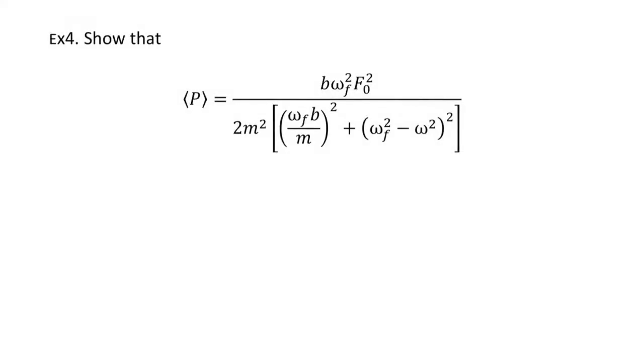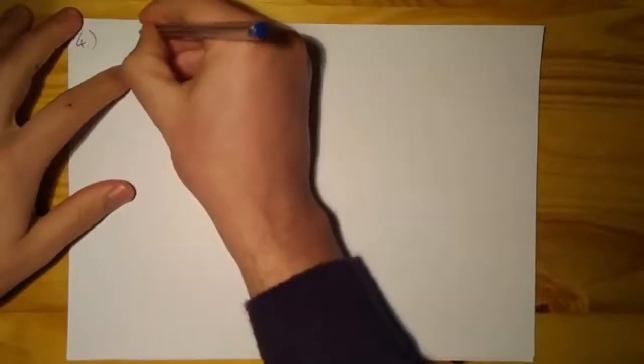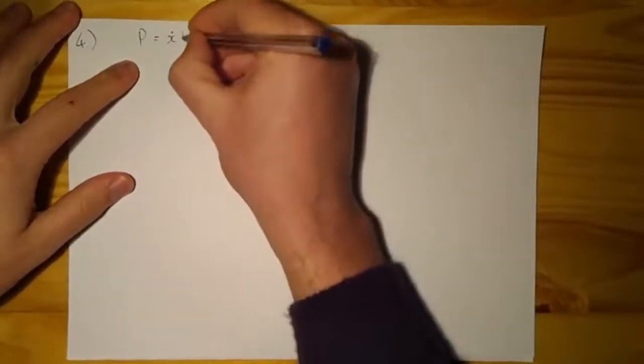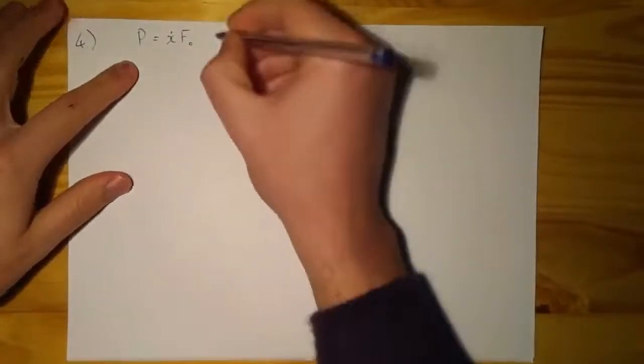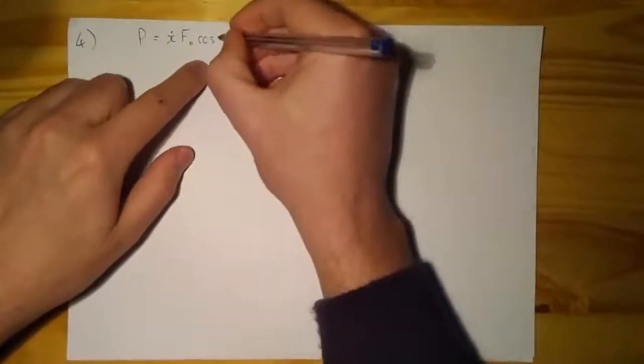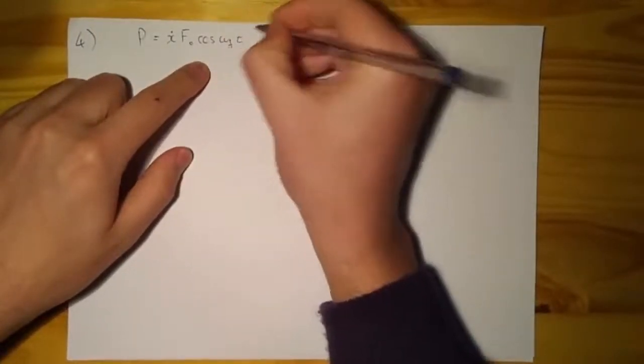Okay, so exercise 4, we've got to calculate the average power and show that it is of that form. Right. Okay, so let's write down what we know is the instantaneous power, the previous expression. So the instantaneous power, in watts, is the speed at any point times the periodic force, so the speed times F cos omega_f t.